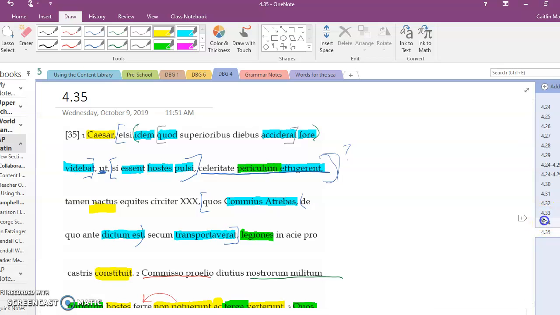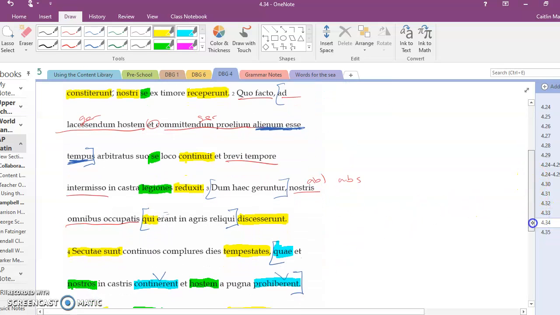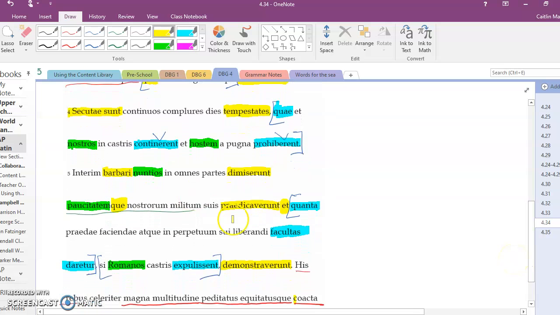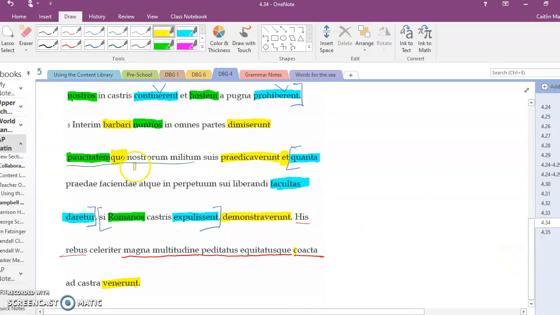So the enemies started some stuff back in 4.34, right, they dimiserunted, and they predicaverunted, and they demonstraverunted, and they venerunted to the Roman camp.